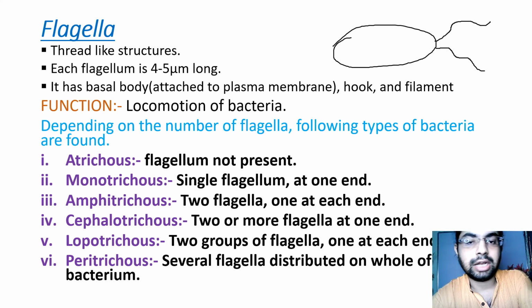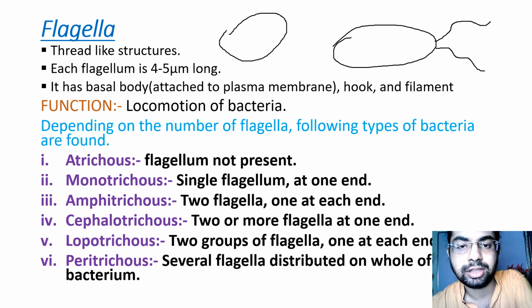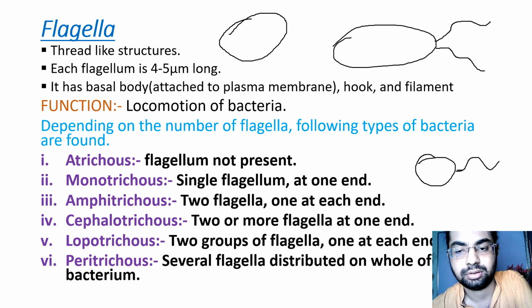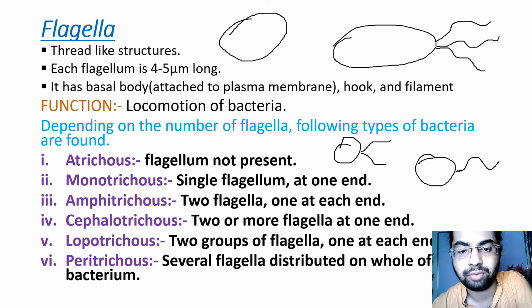Now depending on the number of flagella, the following types of bacteria are found. Atrichous means when the flagellum is absent. Monotrichous means when a single flagellum is present. It helps in movement of the bacteria. Amphitrichous, 2 flagella. And cephalotrichous means 2 or more flagella at one end.